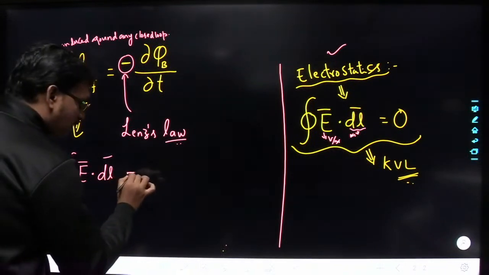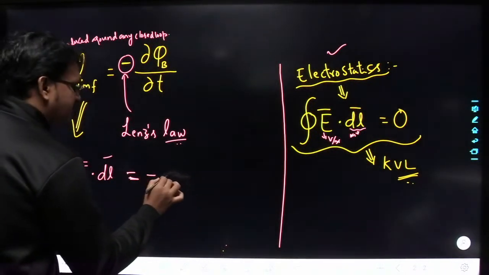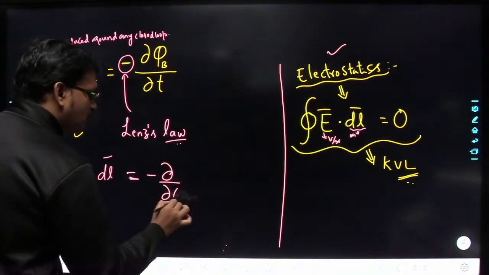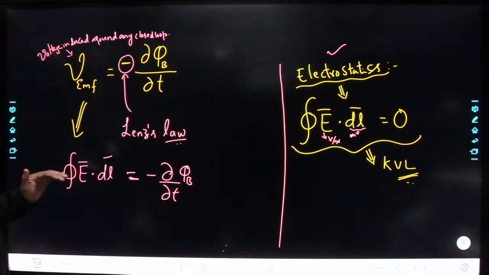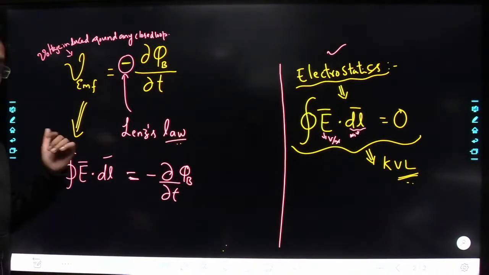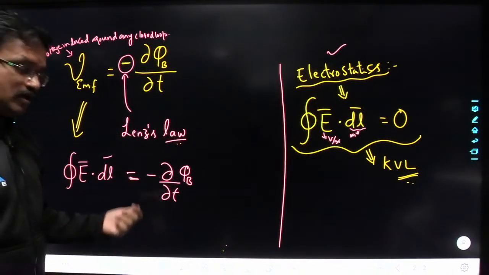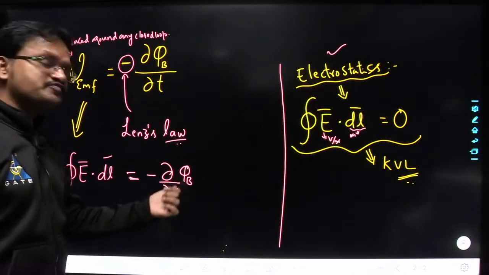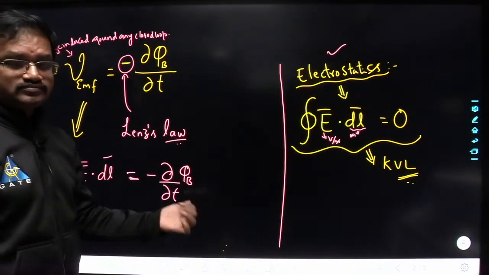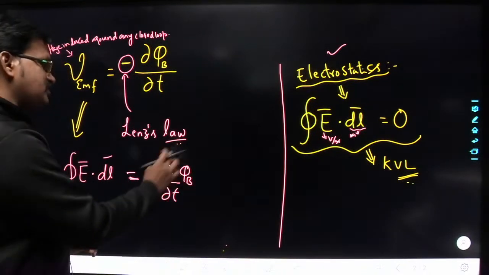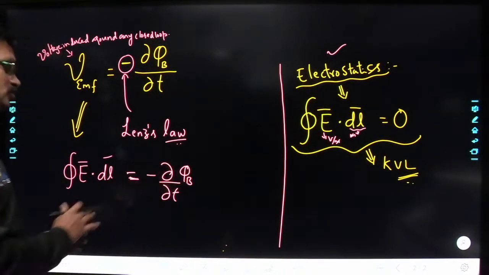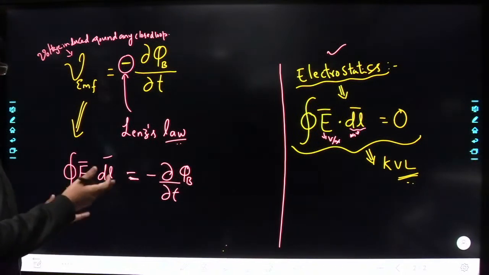So this is equivalent to minus dou by dou t of phi b, the time rate of change of magnetic flux. Whenever there is a change in magnetic flux, an EMF is induced around that closed loop.